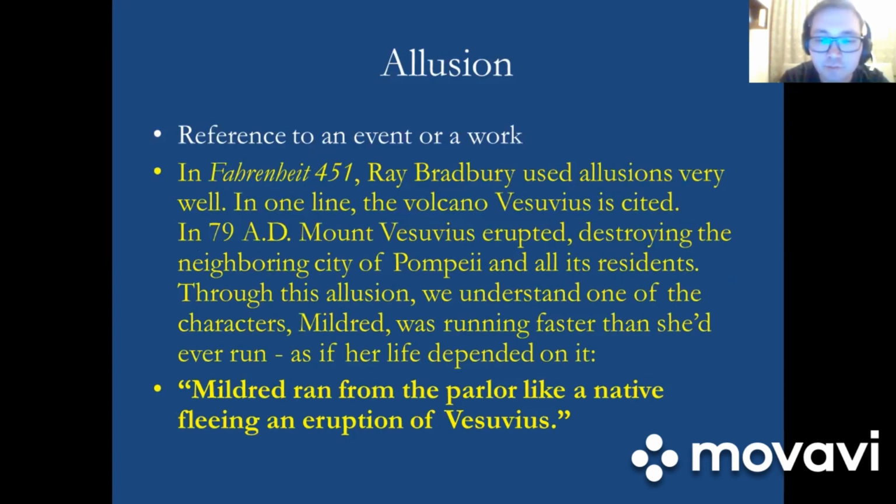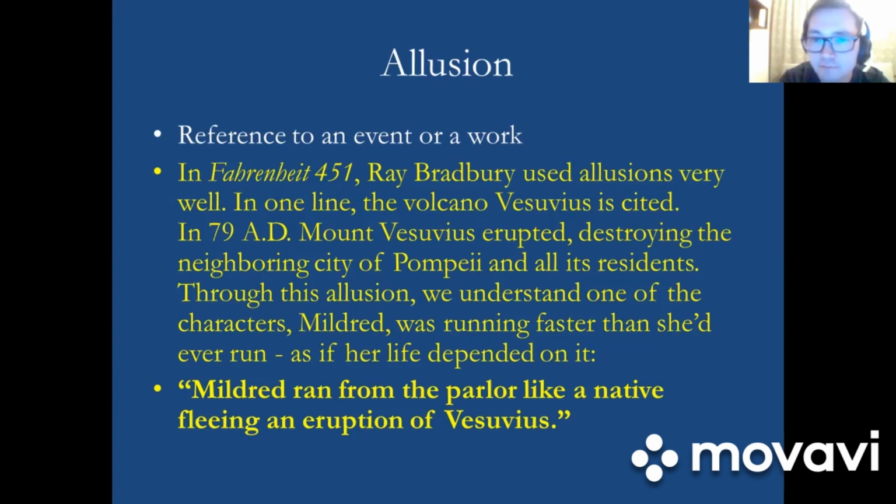Mildred ran from the parlor like a native fleeing an eruption of Vesuvius. Probably you know the story of Vesuvius and its eruption. If you are aware of this historical event, you can understand this allusion. But if you are not aware of that, you will have trouble with it.